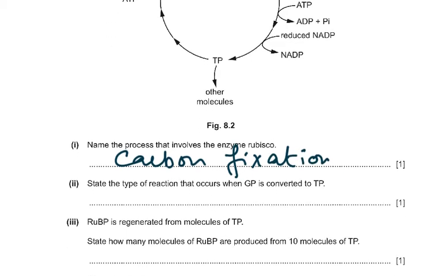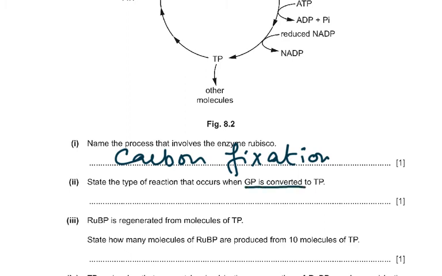Then it says state the type of reaction that occurs when GP is converted to TP. GP is reduced to TP. That's what we say all the time. GP is reduced. So you could have said reduction.